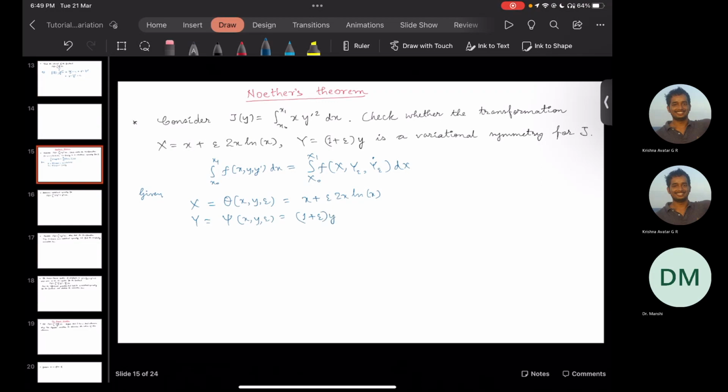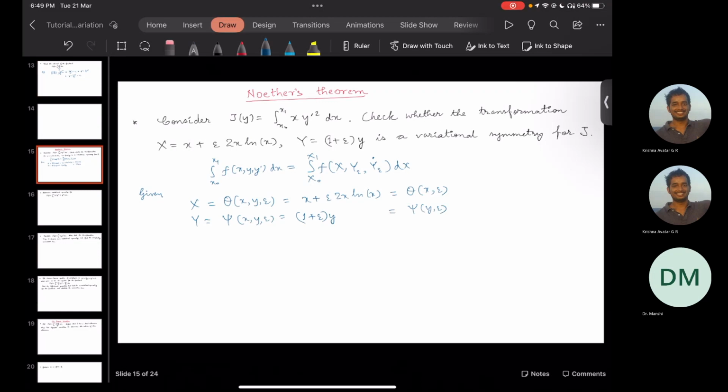Now let's take a look at the expression of both the transformations, right? Capital X seems to only depend on small x and epsilon, isn't it? So it is nothing but a function of just x and epsilon. And even capital Y doesn't contain any term containing small x, so this also happens to be a function of just y and epsilon. Fine.